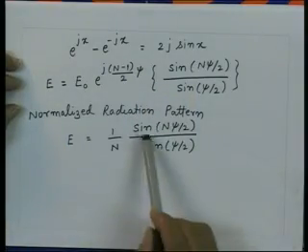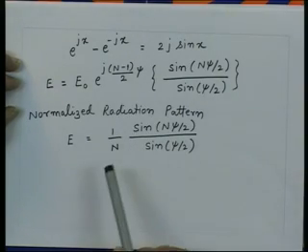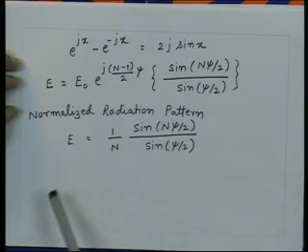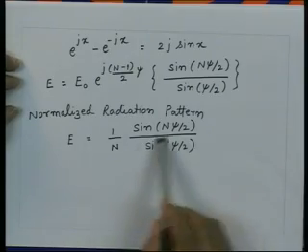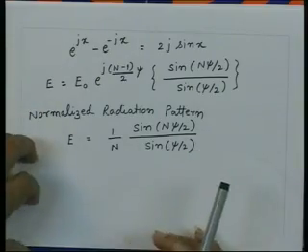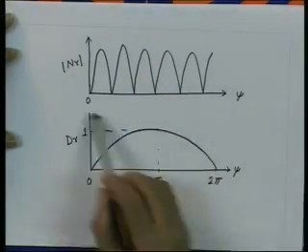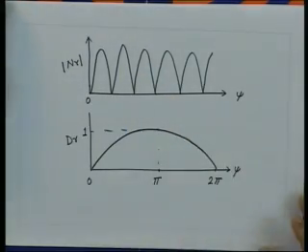So, if I look at this function here, the numerator function, if I plot as a function of psi, if n is large, then this function is a rapidly varying function, and this function is a relatively slowly varying function. So, if I plot these 2 functions on the same scale as a function of psi, the numerator and denominator would look like that.